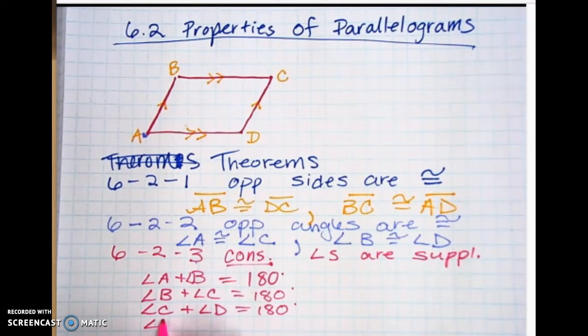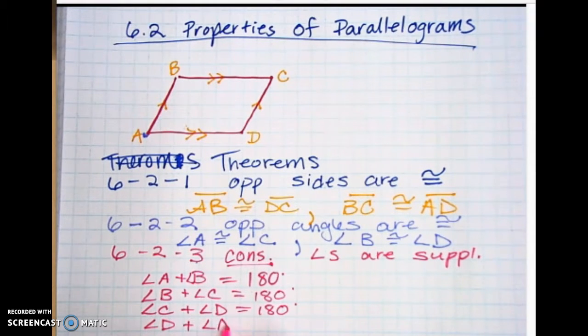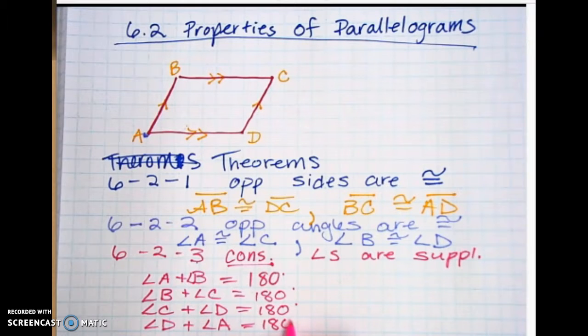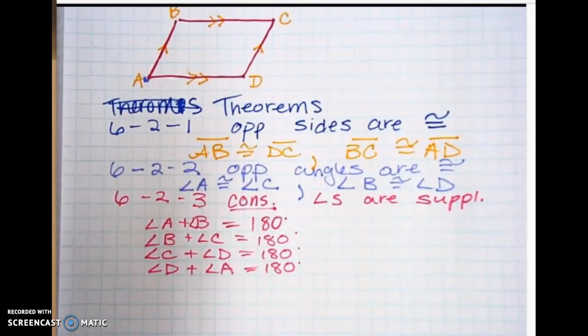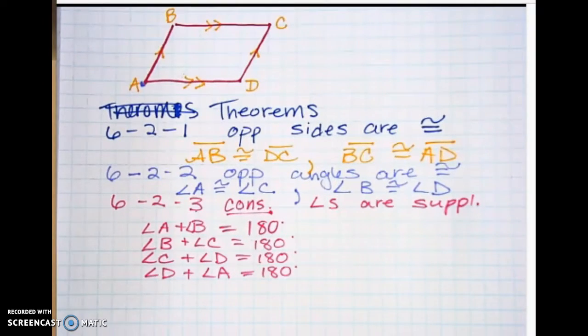And one more, angle D plus angle A equals 180 degrees. Usually on a problem, you're not going to need all 4 of them. You're going to need to find 2 consecutive angles, and then you'll just need to know that they add up to 180. But it could be any 2 of the consecutive ones, okay?